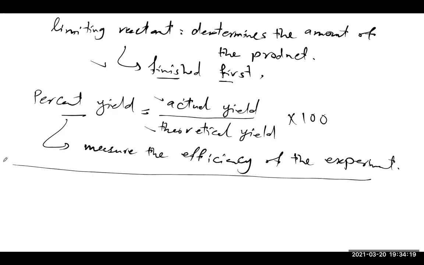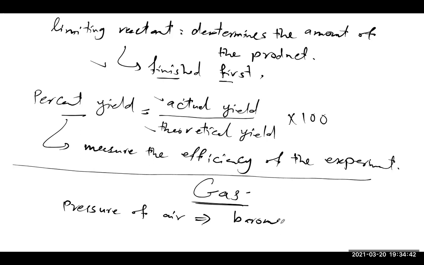So now we will move to gas, and after this I will solve a lot of problems about both of them. Okay, now let's start with gas. So what do you need to know for gas for tahsili? First, you need to know that the atmospheric pressure is measured by an apparatus called a barometer.